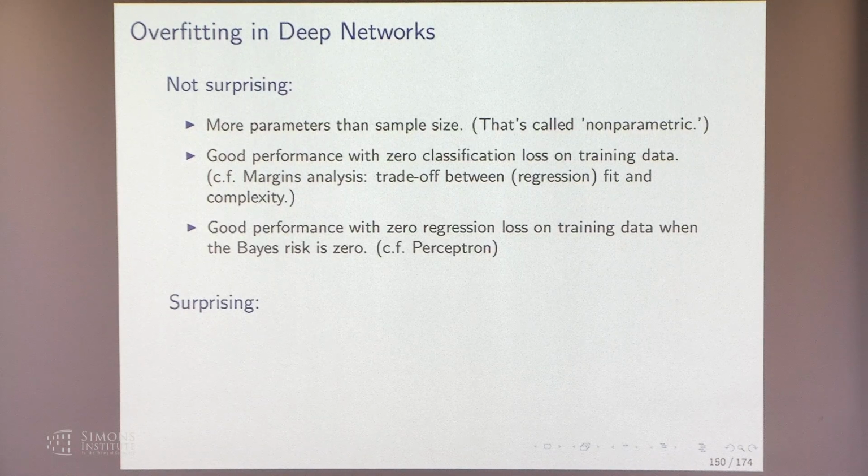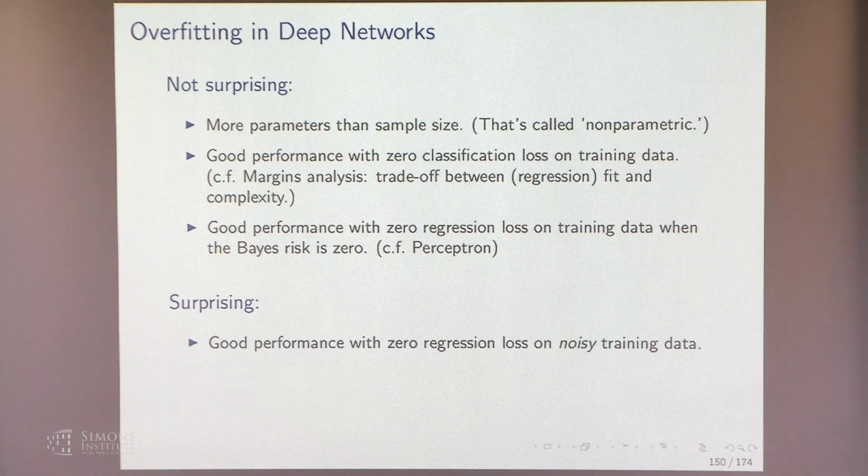The other thing that's not surprising is if you get 0 regression loss and it's a problem that has no noise, right? So the perceptron example we saw right at the beginning is exactly that flavor. It didn't just have no noise; it had a big margin, right? Okay, if there is a function in your class of functions, if you want to think of it that way, that gets things absolutely right, so there's no noise in the problem, then a perfect fit to the data is totally fine, right?